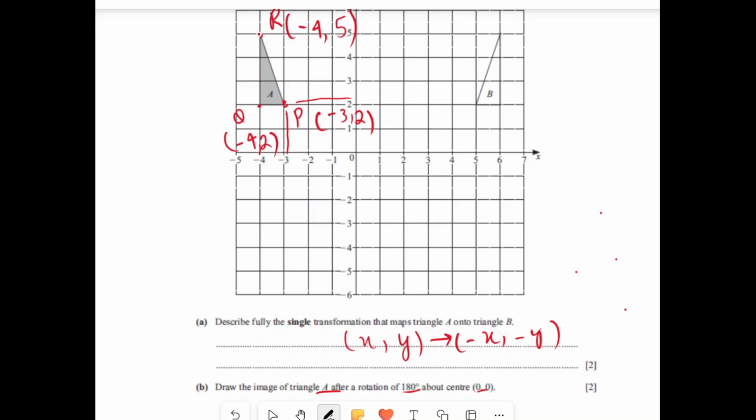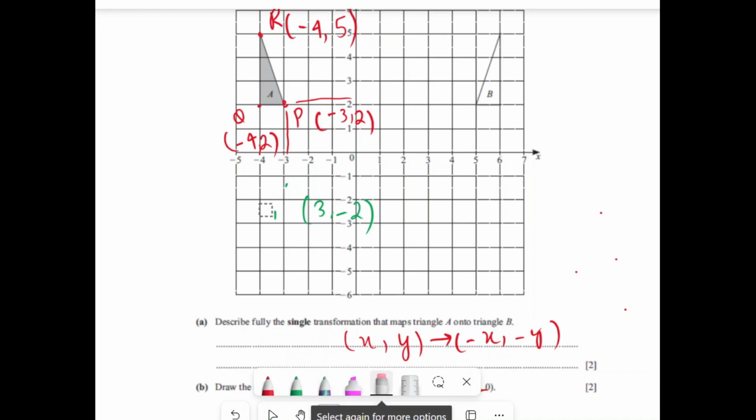So our P will turn into P dash, and P dash will be positive 3 and negative 2. Let me write it over here so that I can draw it properly. P dash will be positive 3 and negative 2. Q dash will be positive 4 and negative 2.